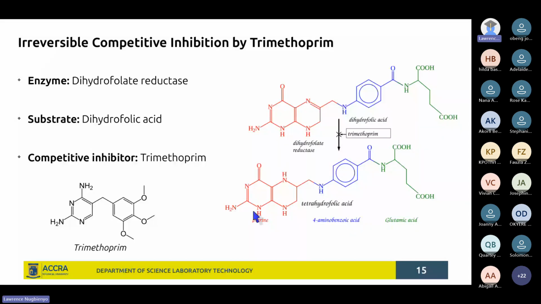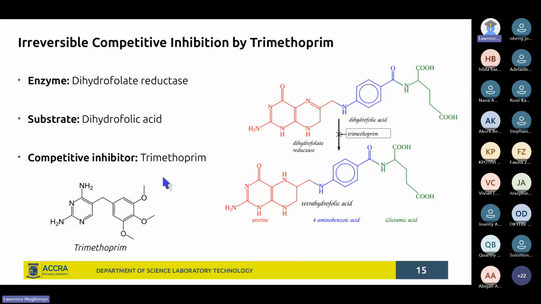So you have trimethoprim also inhibiting that enzyme, dihydrofolate reductase, so that you have the prevention of tetrahydrofolic acid. And so once the bacteria is not able to produce tetrahydrofolic acid, its growth is inhibited. And so you find this antibiotic also acting in that way.